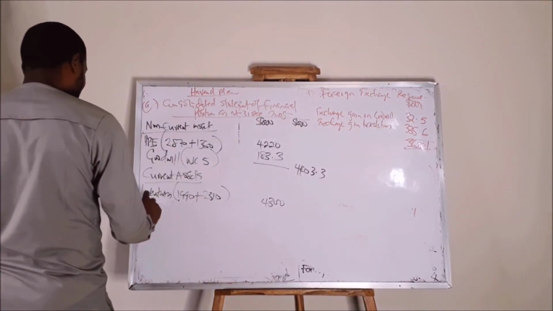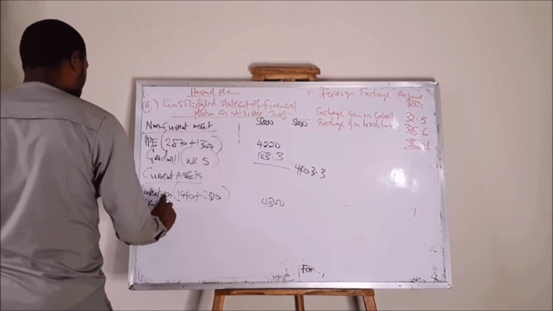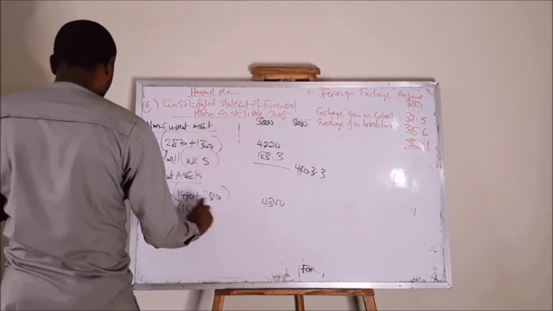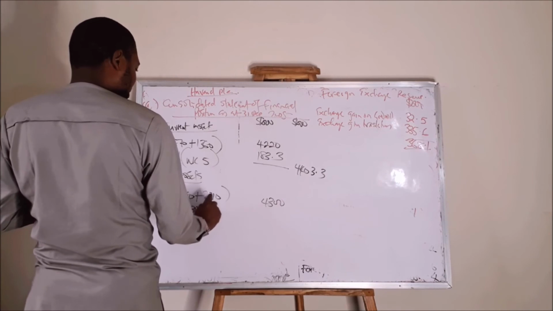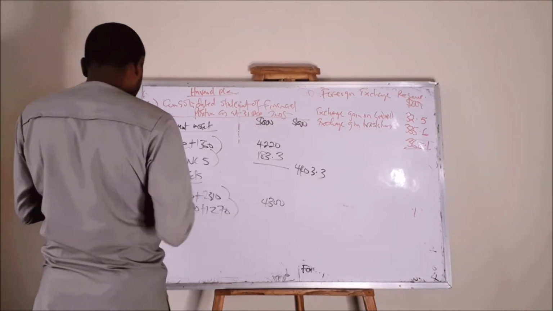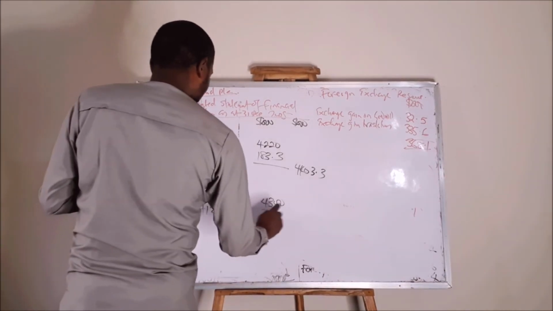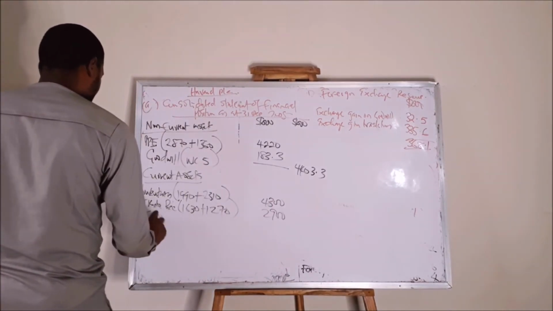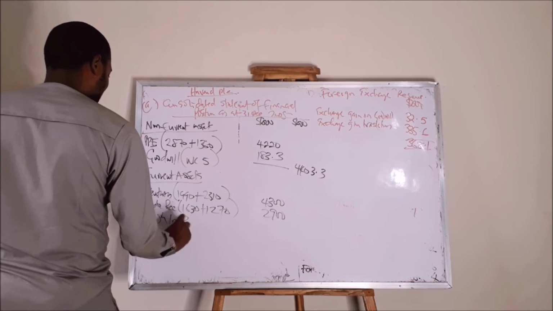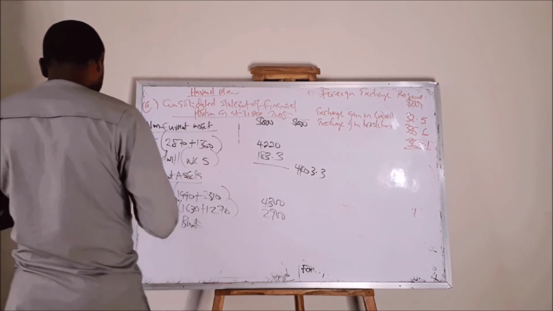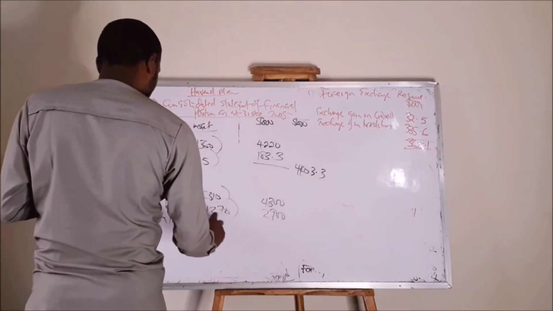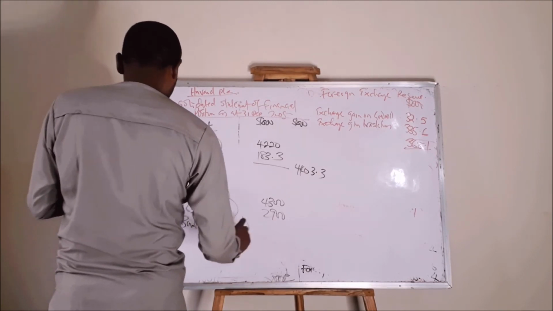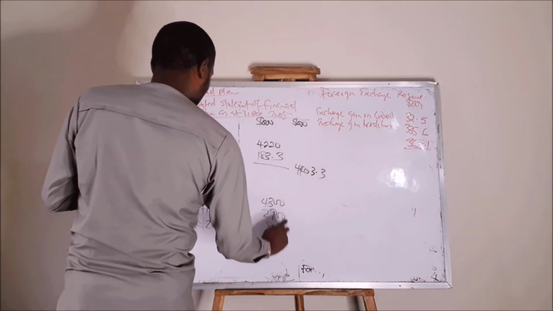Then trade receivable 1630 plus the one that has been translated, the subsidiary 1270, to give us 2900. Then we have cash in bank and cash at hand, 240 plus 560, the one that has been translated, that's subsidiary, 800.